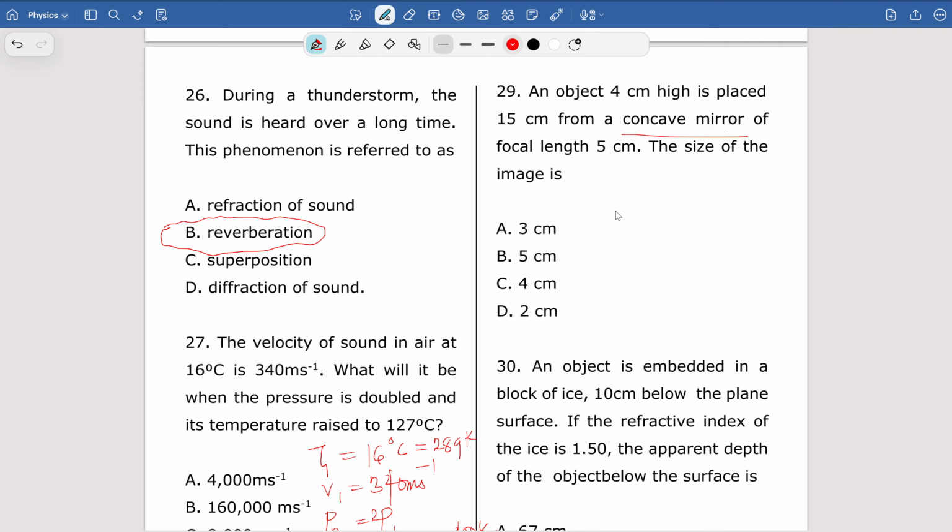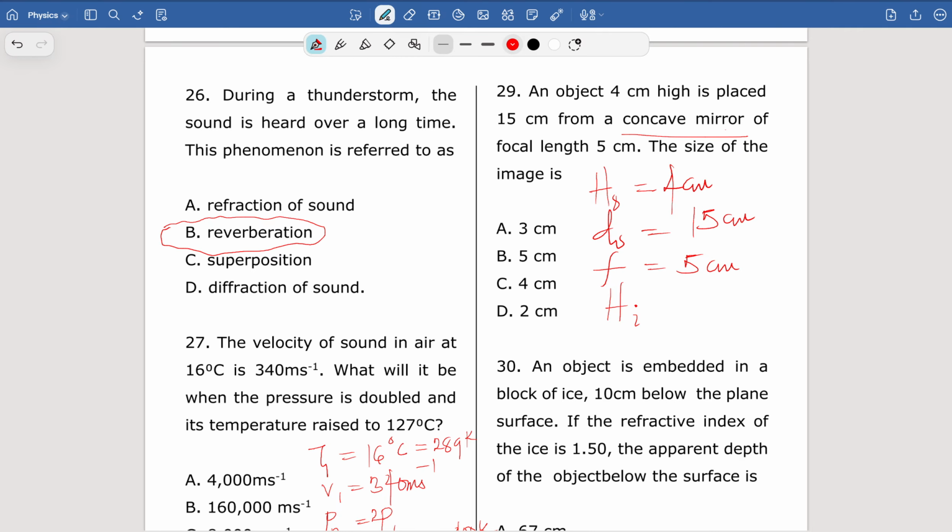So the object height, that is 4 centimeters, is placed 15 centimeter, that is distance of object, that's 15 centimeters. Of focal length, you have focal length given there, that is 5 centimeters. So you want to look for the size of the image. Size of the image, of course, that will be height of the image, right? Yes, something like this.